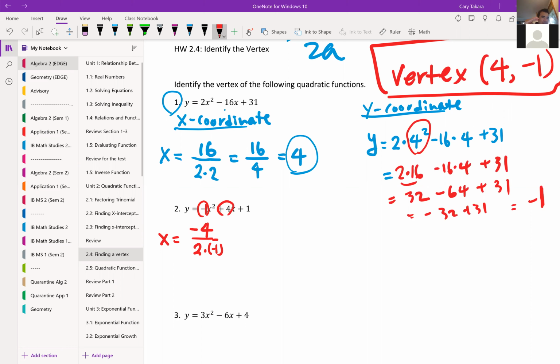So it's negative 4 over 2 times negative 1, and that will be negative 4 over negative 2. Now, what is negative 4 divided by negative 2? That will be positive 2, isn't it? So the x coordinate is going to be positive 2. Is everybody okay on that?